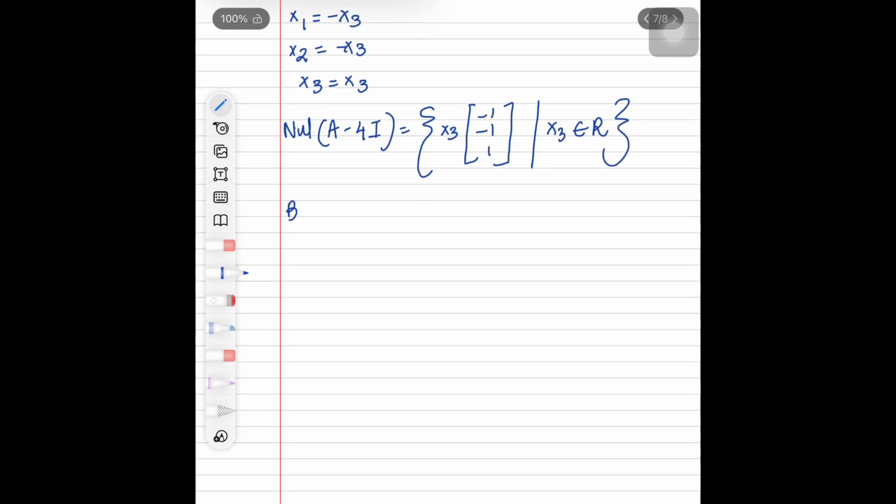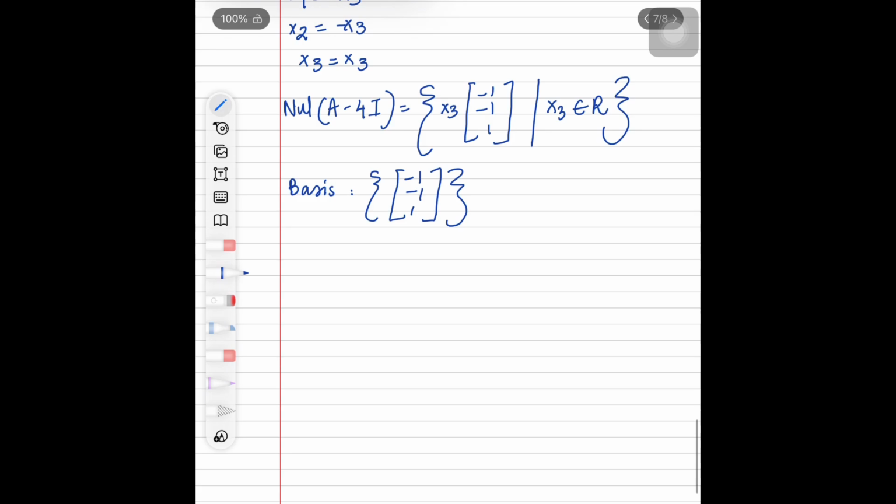So the basis that was asked for, this would be the basis and the eigenvector.